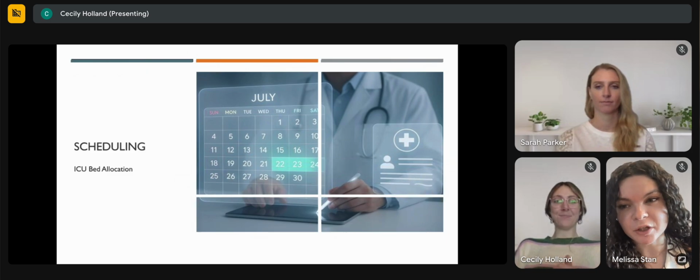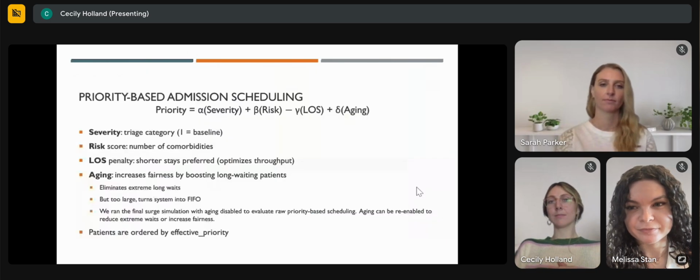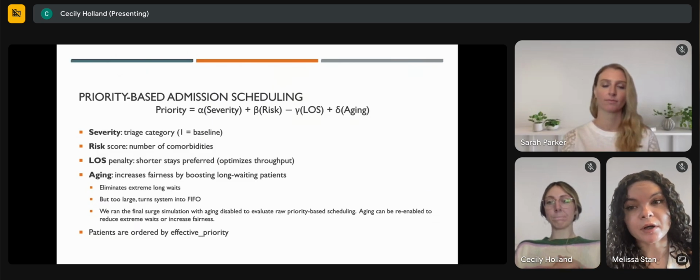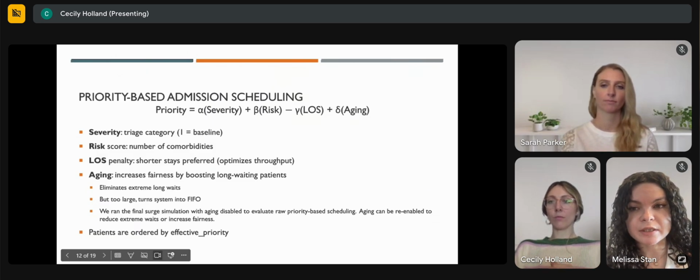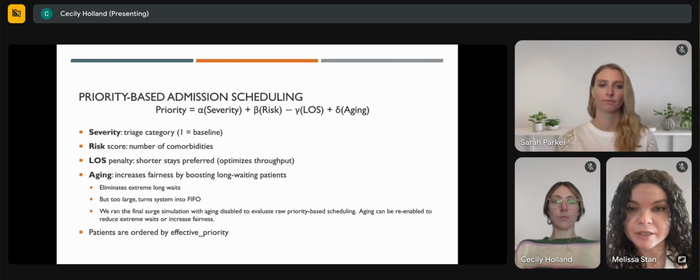Okay, so I'll be talking about the scheduling for the ICU bed allocation. So we actually created a formula to assess the priority. To do that, we're going to need severity plus the risk minus the LOS plus the aging. Now for the severity, we use a triage category where 1 is the baseline, and both risk and LOS come from Cecily's forecasting, the LOS forecasting.